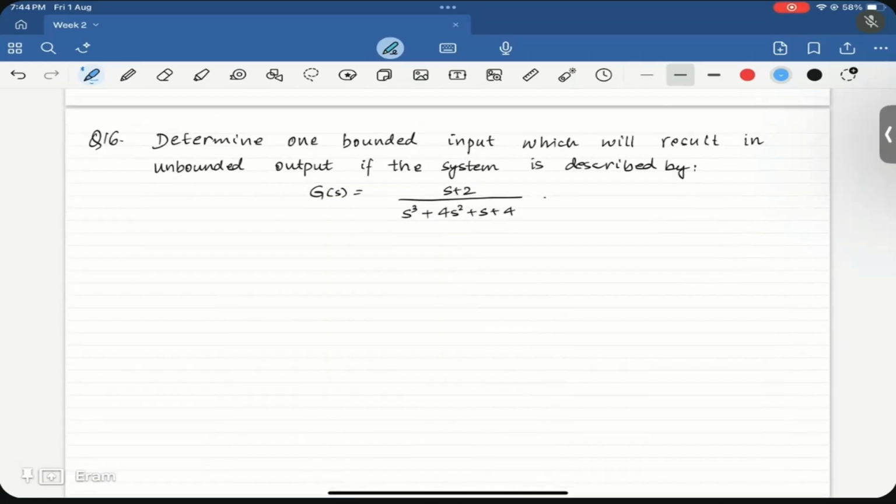Okay, now for this question, you have to identify one bounded input. This is the last question of this session. Find out any one bounded input so that the response of the system is unbounded.